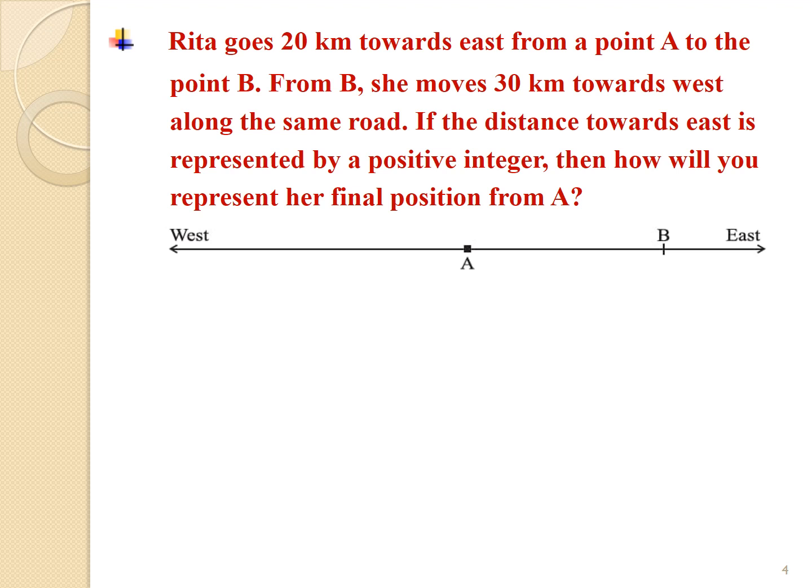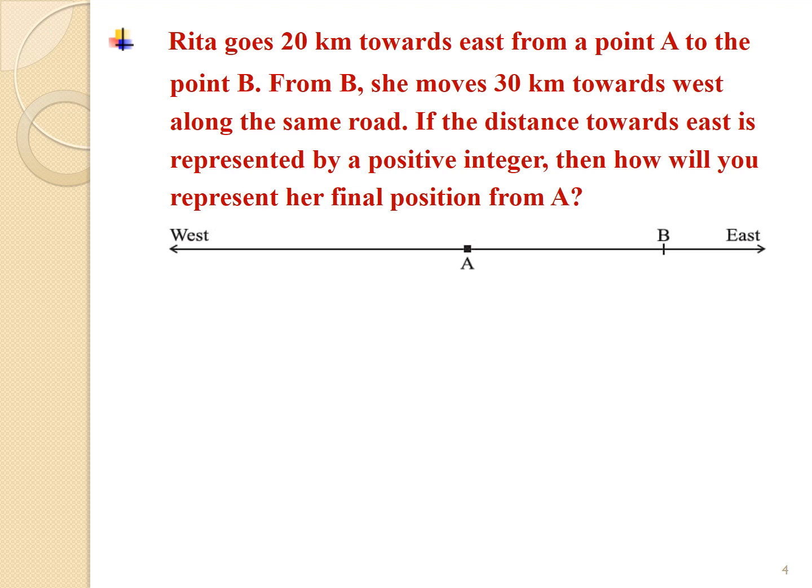Thus, in simple words, we can say that from point A, Rita travels or moves 20 kilometers to east, that is point B. And from point B, Rita travels or moves 30 kilometers towards west.